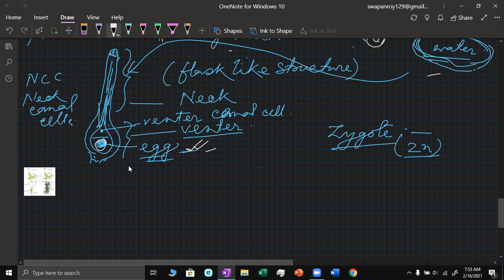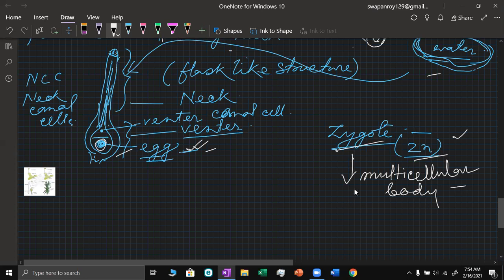After fertilization, a zygote, a diploid structure, is produced, and this zygote gives rise to a multicellular body, and this multicellular body we call the sporophyte.